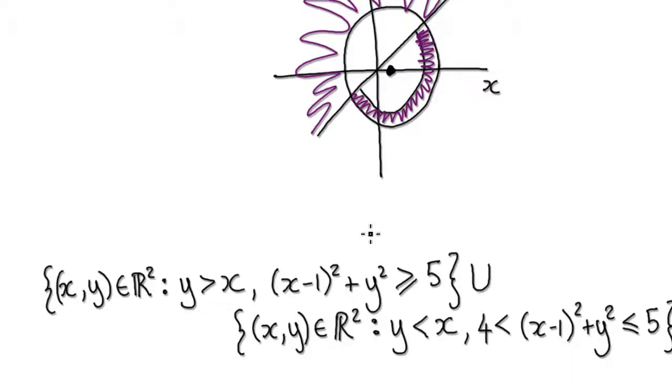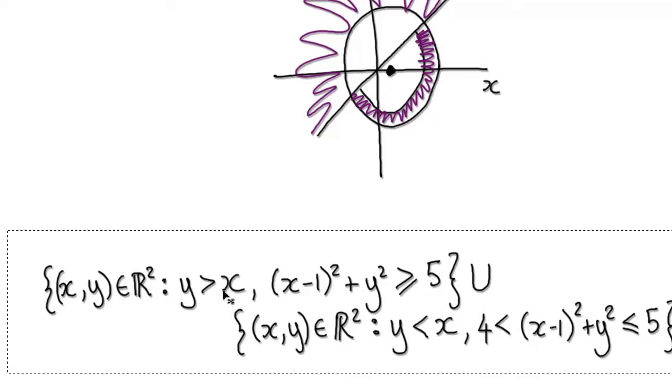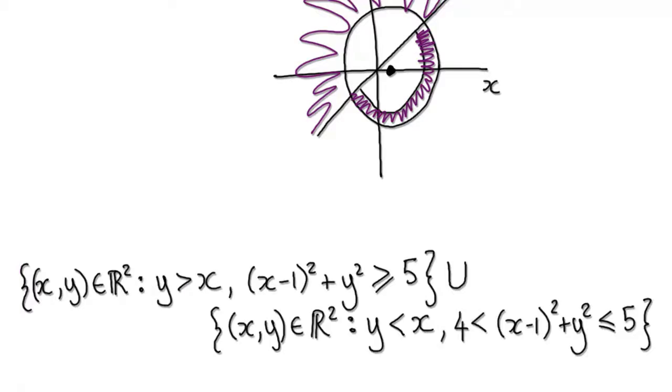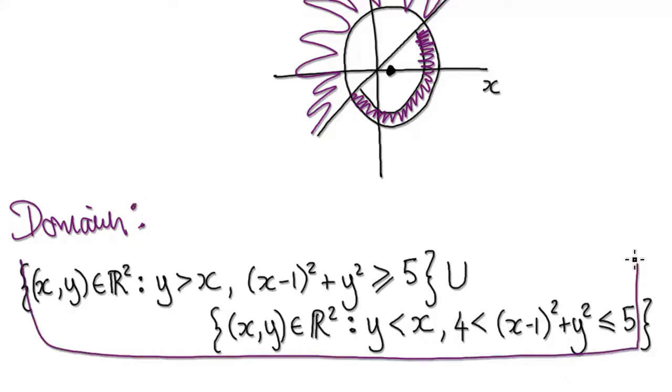So now the domain. Hang on, let me just shift this across. Bear with me. So now we need to put this down in writing. So our domain is given by this thing here.